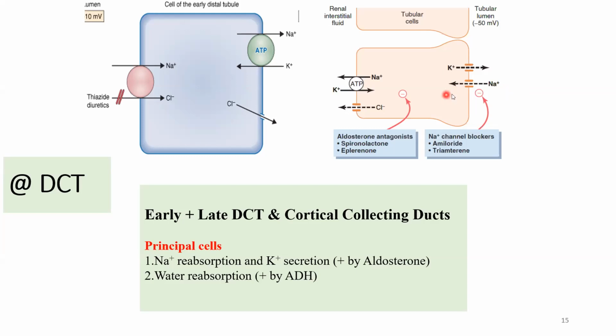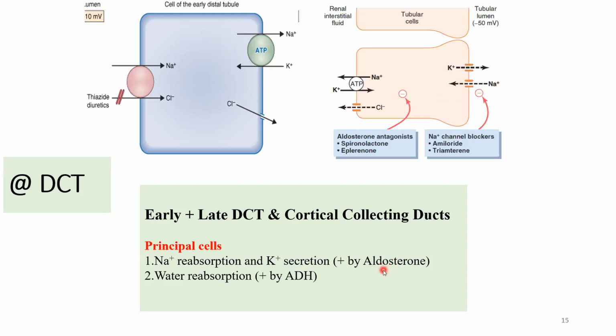Now, something else is happening. Sodium is being reabsorbed and potassium is being secreted, something to note. So principal cells reabsorb sodium and they secrete potassium, okay? And this whole thing is stimulated by aldosterone.